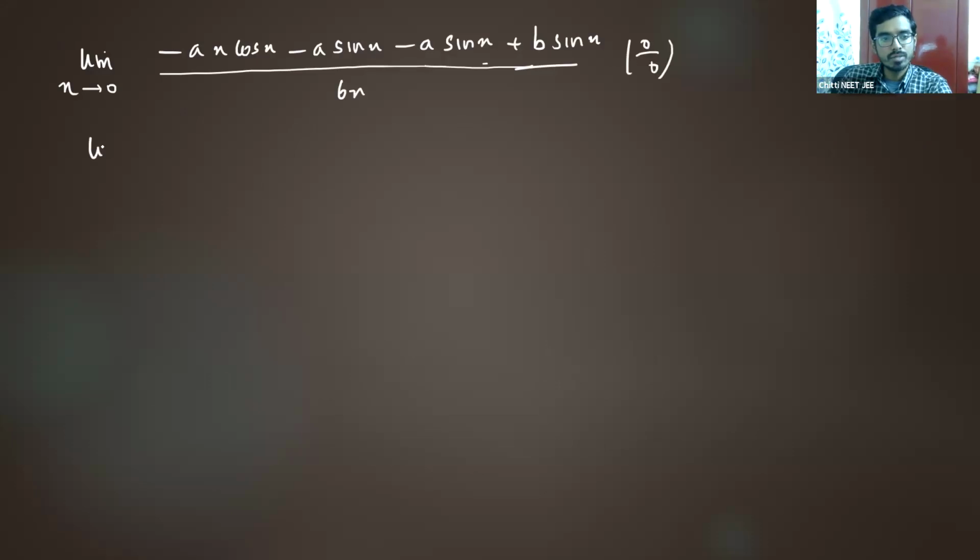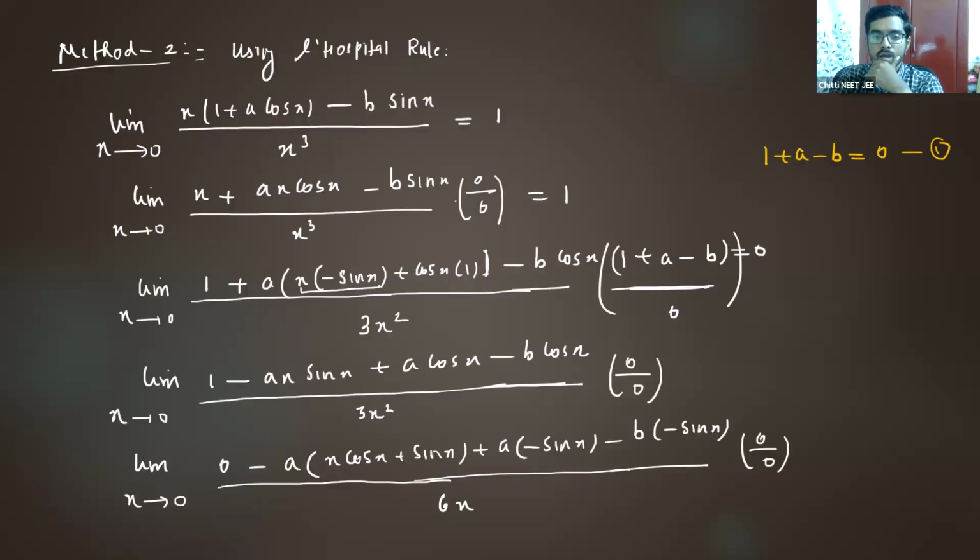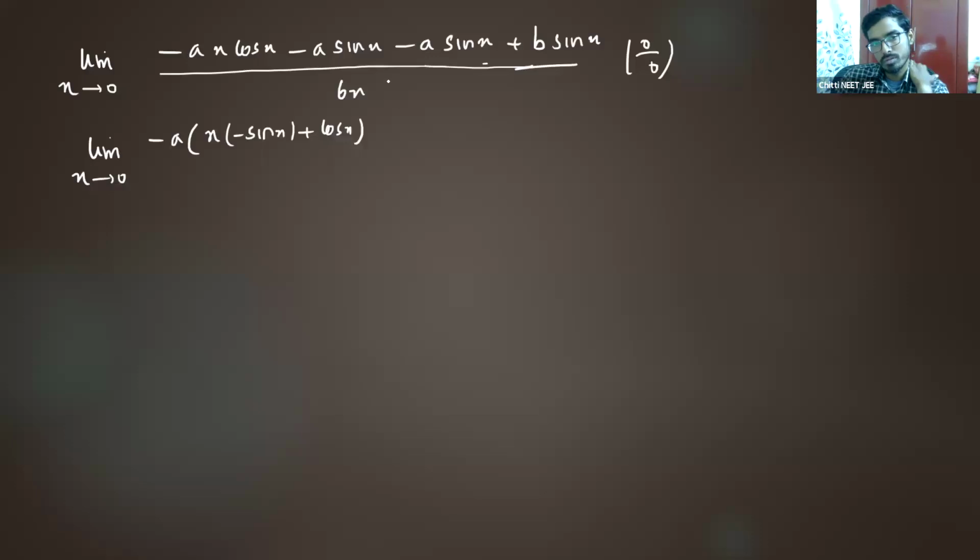You differentiate. So limit x tending to 0. So minus a times derivative of x cos x. So x into minus sin x plus cos x. Right? Now, what I can do is, in this step, I can take sin x common, right?